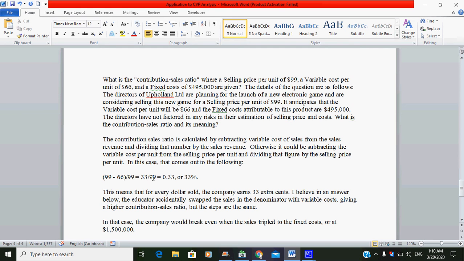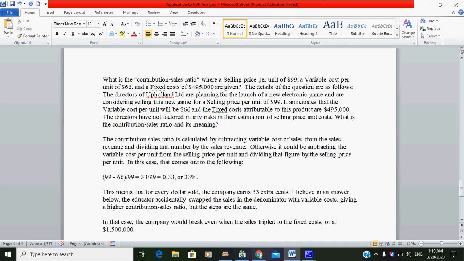Selling price per unit, which will give you a what? Contribution margin percentage, or contribution sales ratio. Alright? This means that for every dollar sold, the company earns 33 extra cents.